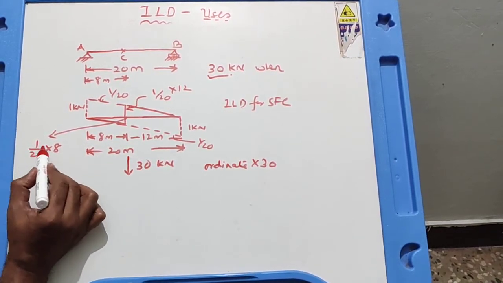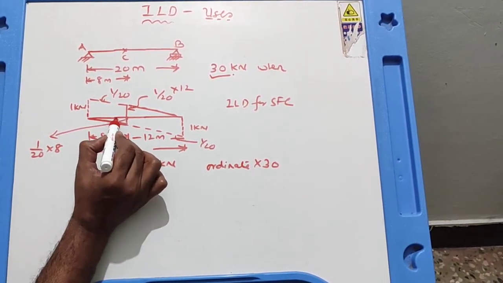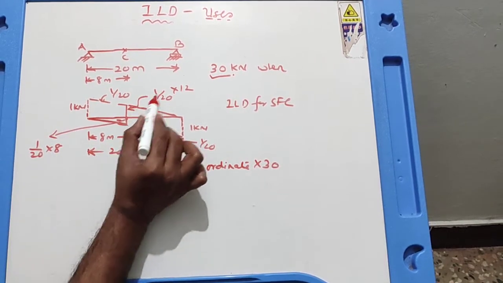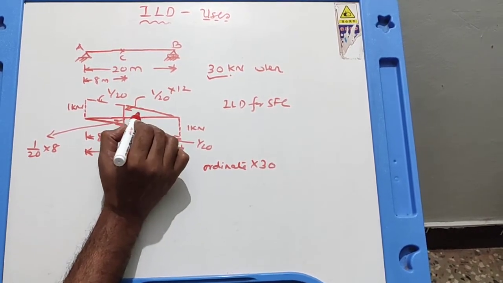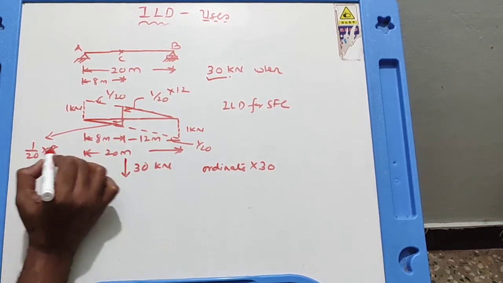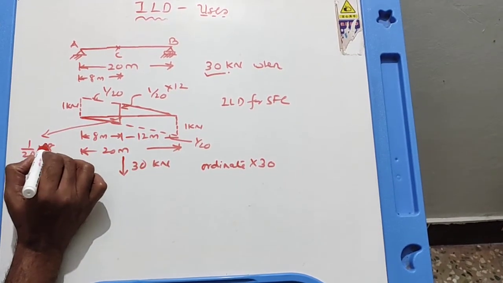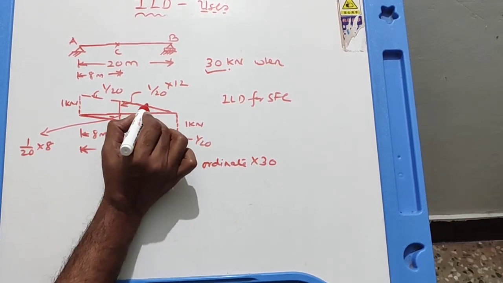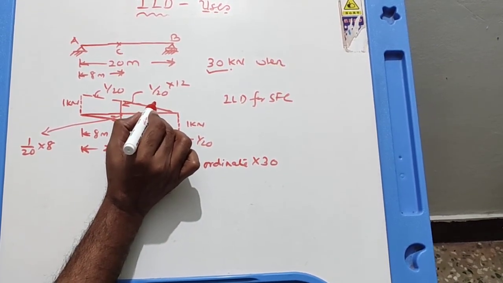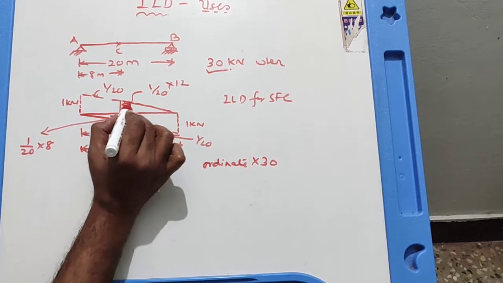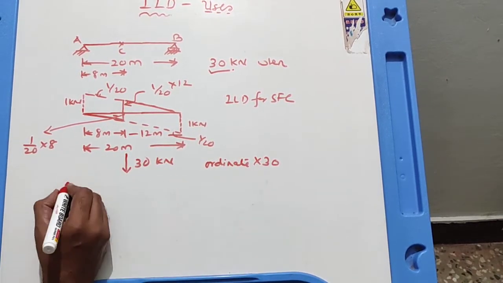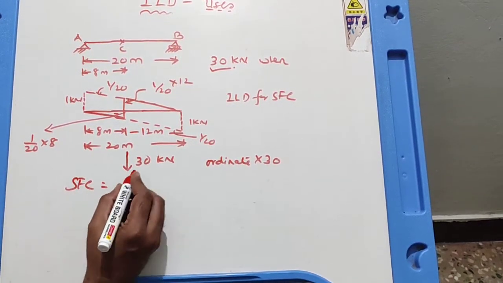One is 1 upon 20 into 8, that is the negative ordinate, minus 8 upon 20, and the other, 12 upon 20, is the positive ordinate. So what is shear force at C? Shear force at C will have two values.